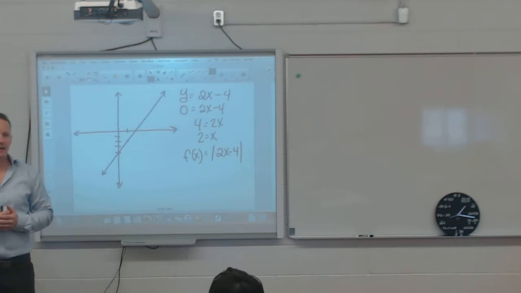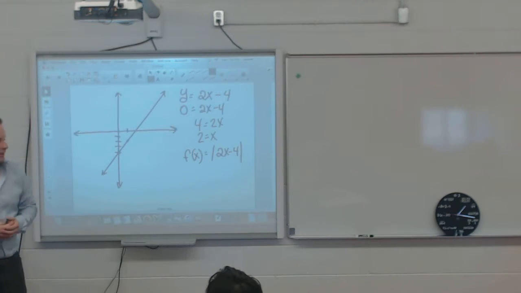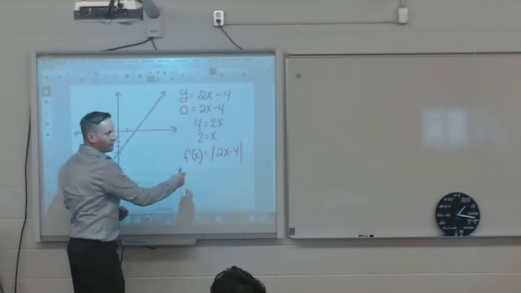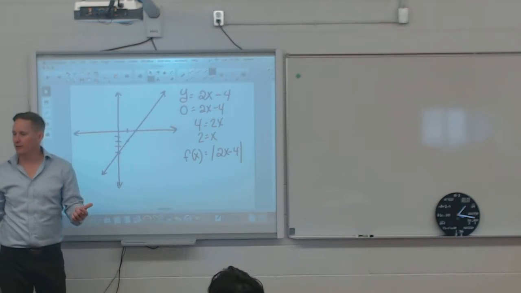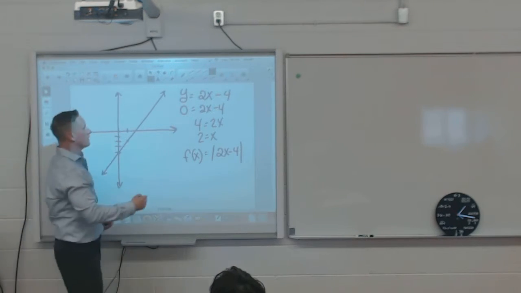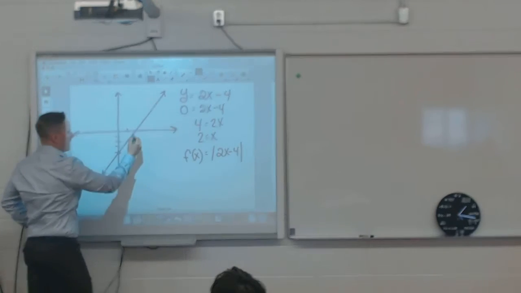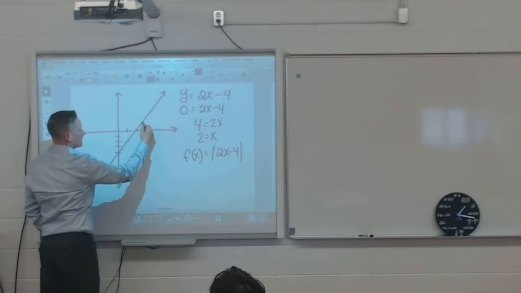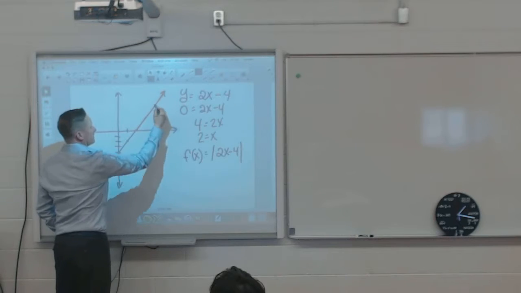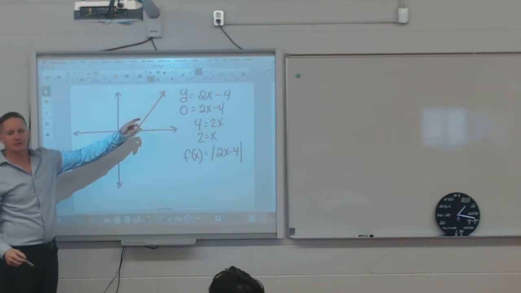The y values can't be negatives, so they all become positive. So to graph the absolute value of this, all I do is graph the original, which is 2x minus 4, and then where it hits this point right here, that's all part of it. All my y values there are positive, they stay positive.